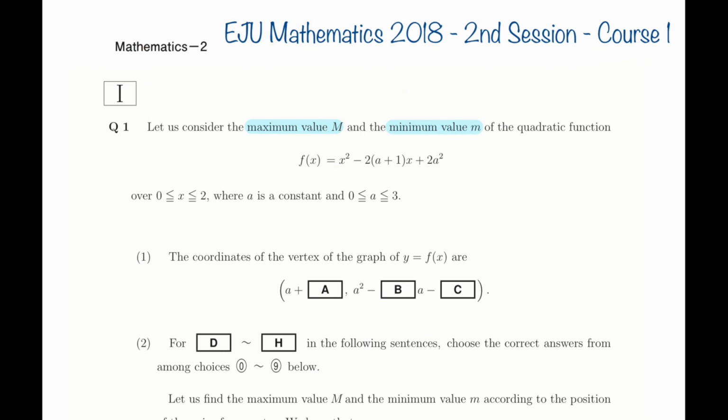So we have a quadratic function here, and our interval for x is from 0 until 2. And a is a constant, and the interval for a is from 0 until 3 inclusively.